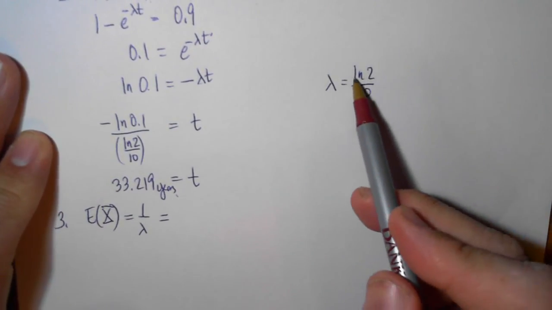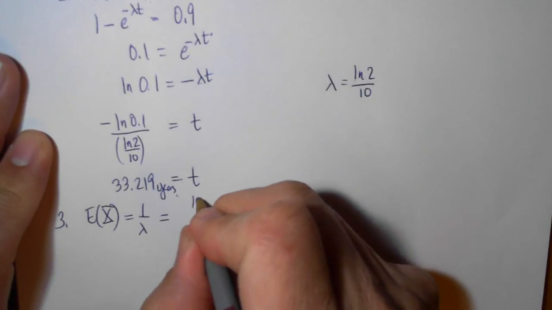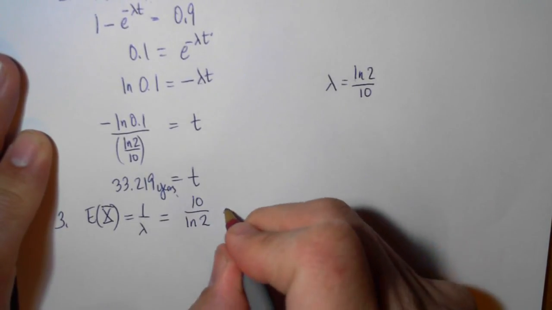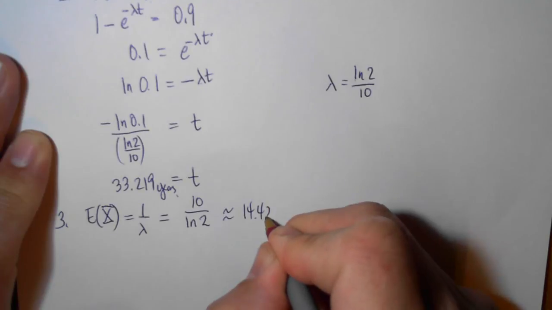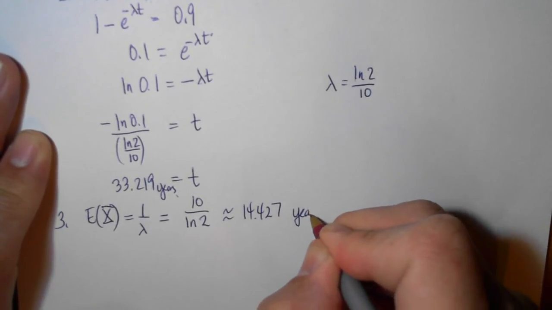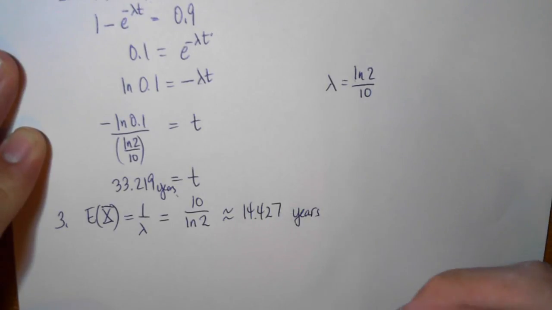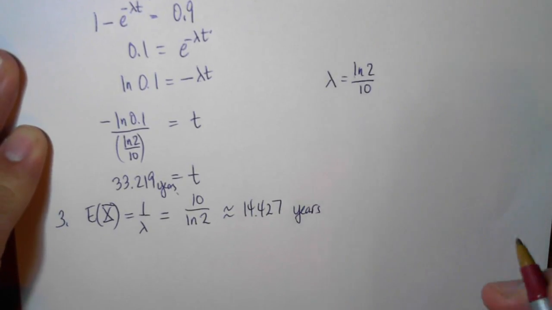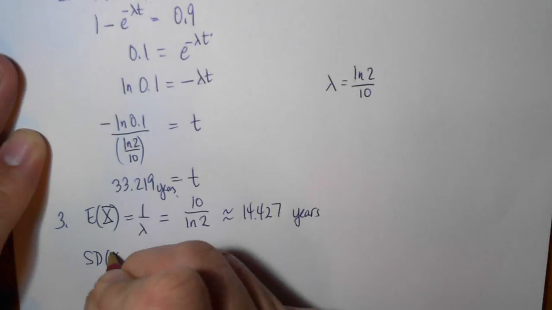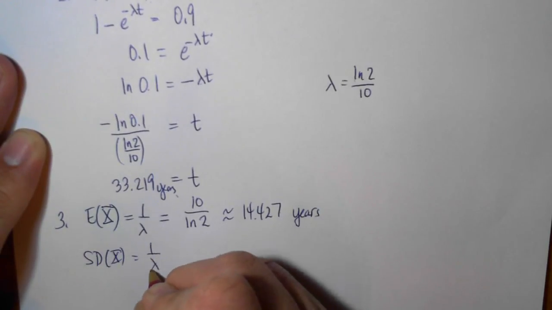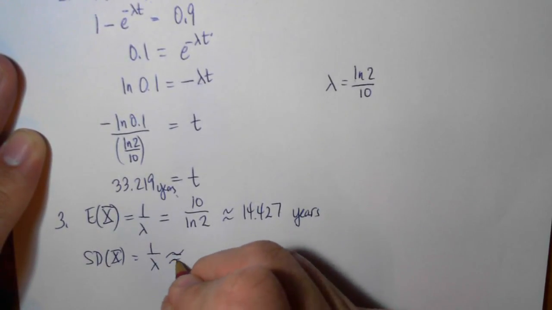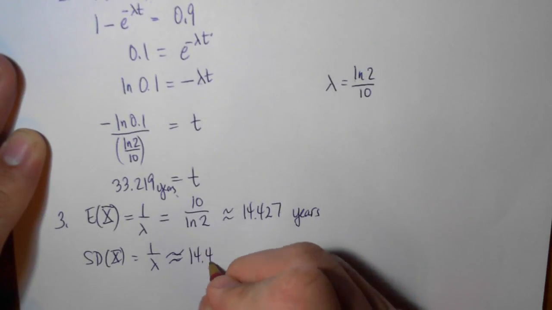And so that's going to be the reciprocal of this fraction, so 10 divided by the natural log of 2, which is approximately 14.427 years. So that's the mean of the distribution. The half-life is 10 years, the mean is 14.4 years. And the standard deviation is exactly the same thing, 1 over lambda. And so that's approximately 14.427 years.